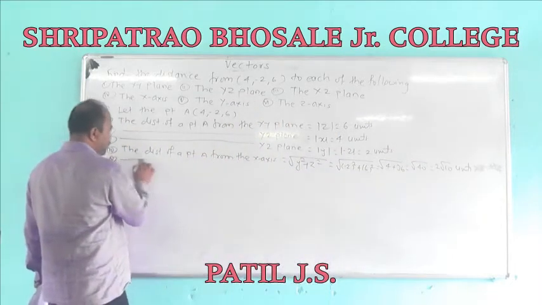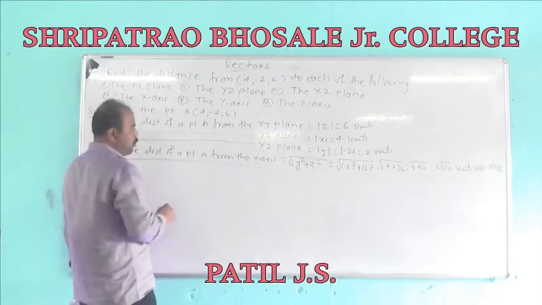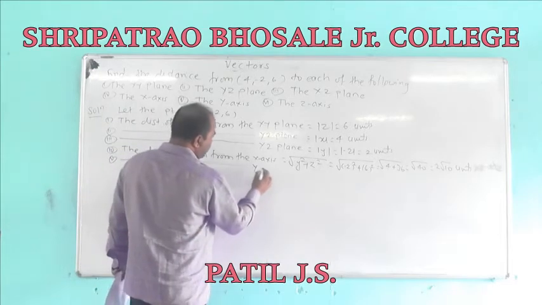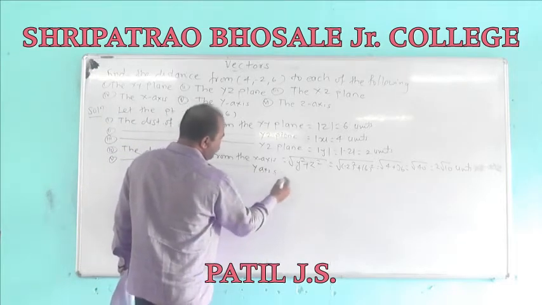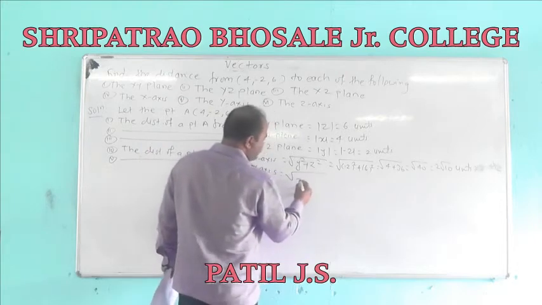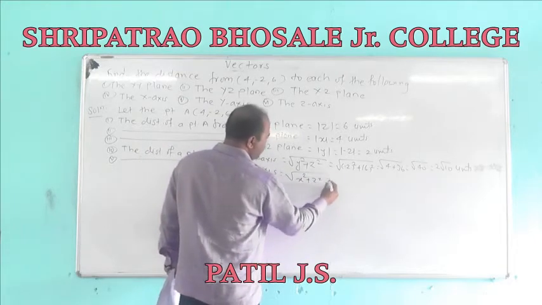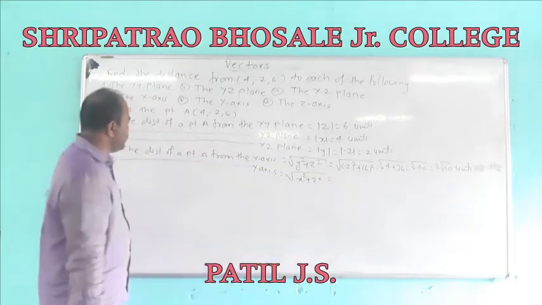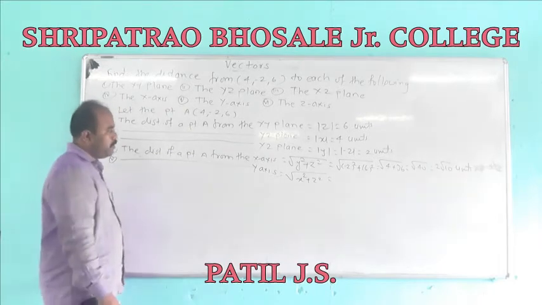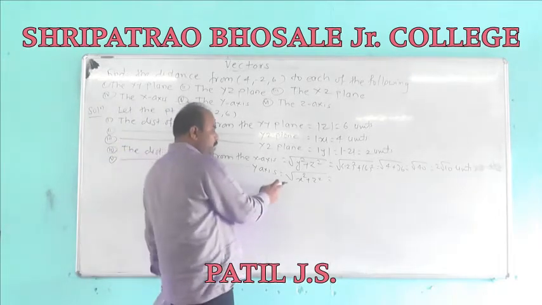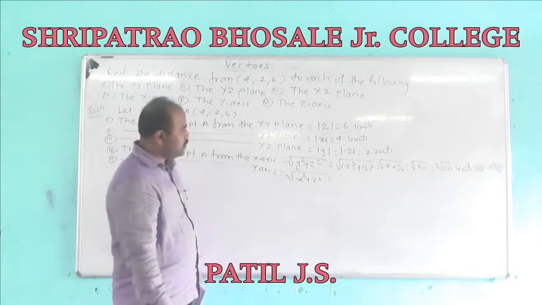Fifth, the distance of a point from the y-axis is equal to the square root of x square plus z square. The distance of point A from the y-axis equals the square root of x square plus z square.